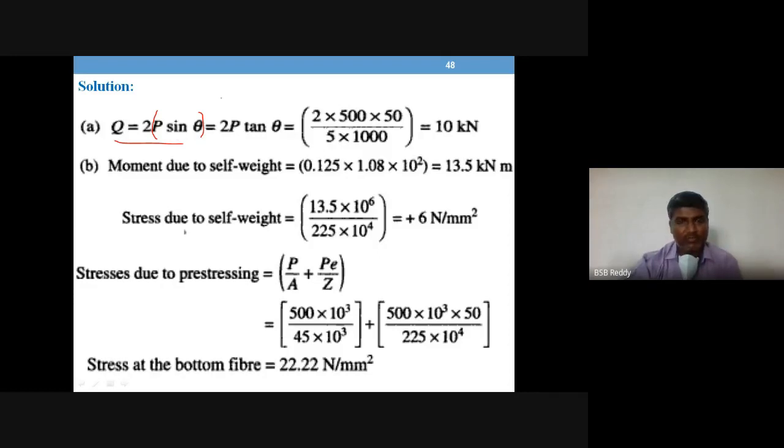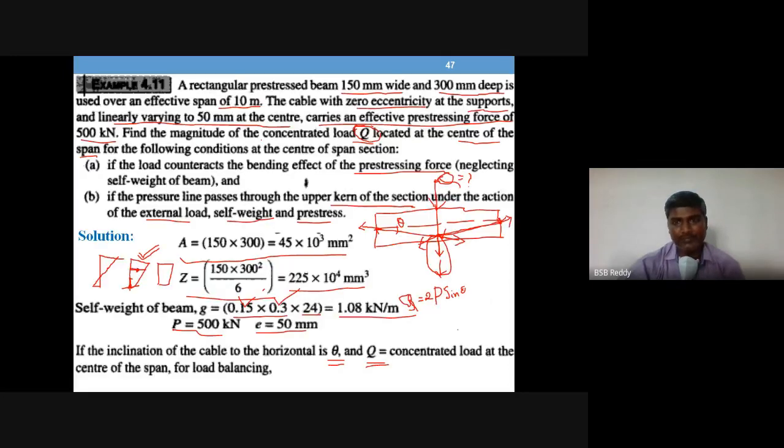And for the very small angles, because you have a very large span and the eccentricity is only in mm, 50 mm in a length of 5 meters or 10 meters, will create a very small angle. That's why for small angles, you can replace sine theta by tan theta. Sine theta is approximately equal to tan theta. So why tan theta is required?